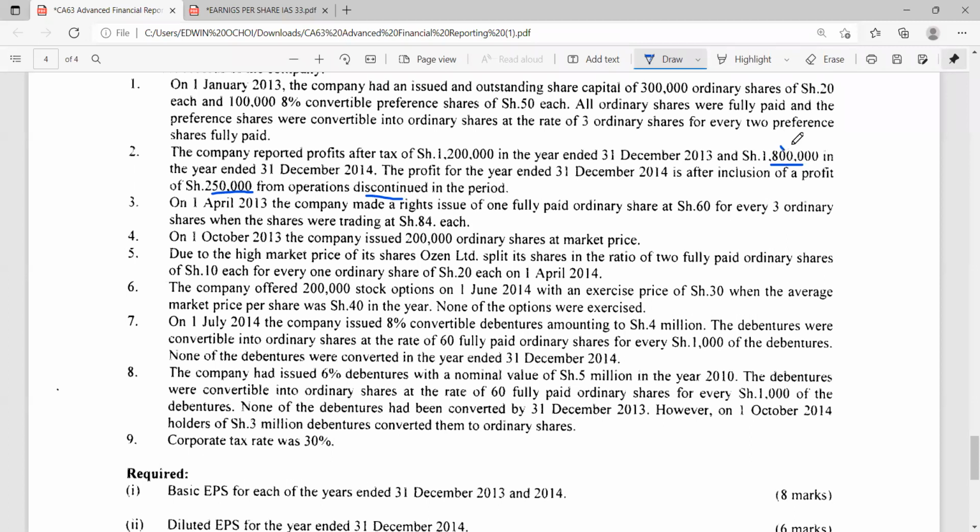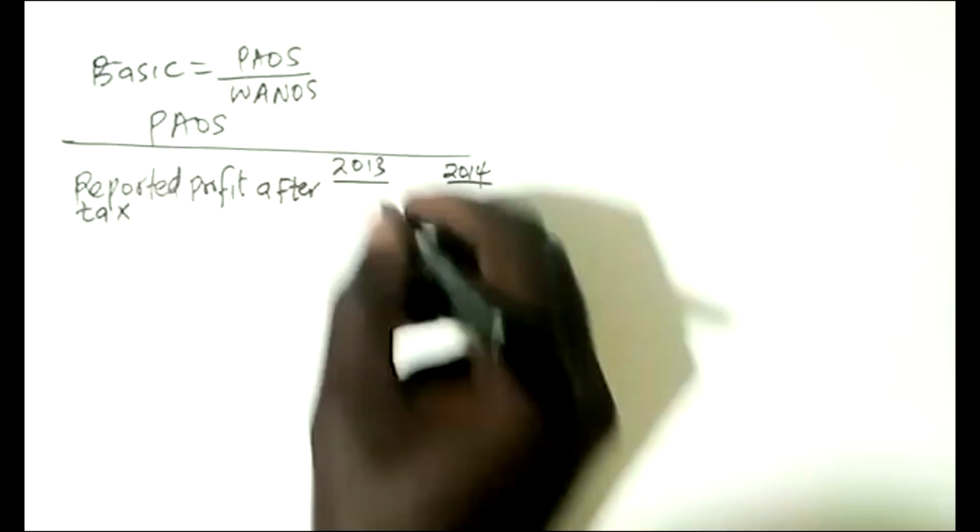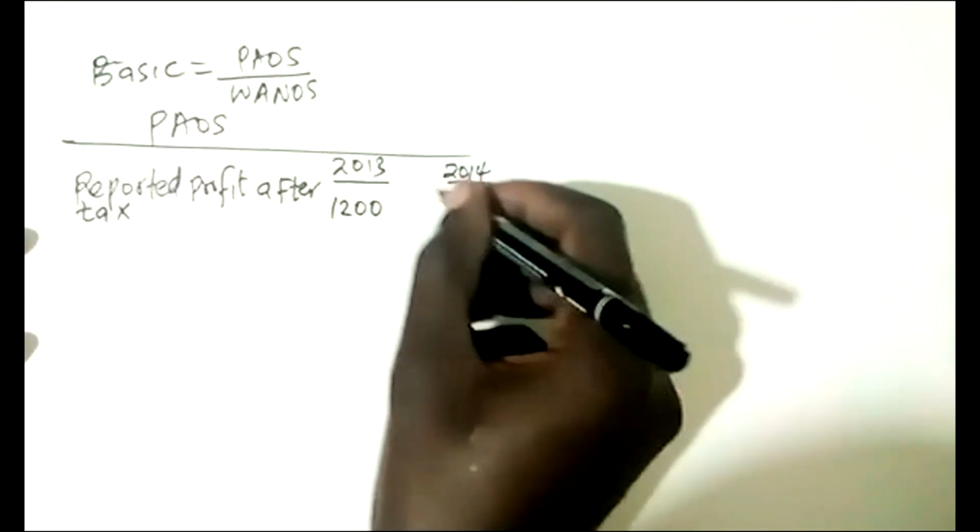There's no impact when doing basic EPS, because for basic EPS you use profit from both continuing and discontinued operations. So for financial year 2013, the reported profit after tax is 1.2, and this one is 1.8.